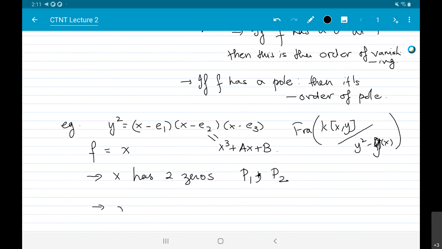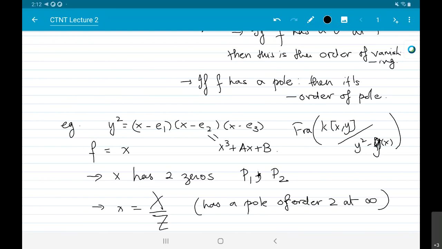Remember that little x was capital X over capital Z. This equation is the dehomogenized version of something in projective space, where we divided out by Z. You can show that it actually has a pole of order 2 at infinity, right? Infinity is the point where Z is 0.